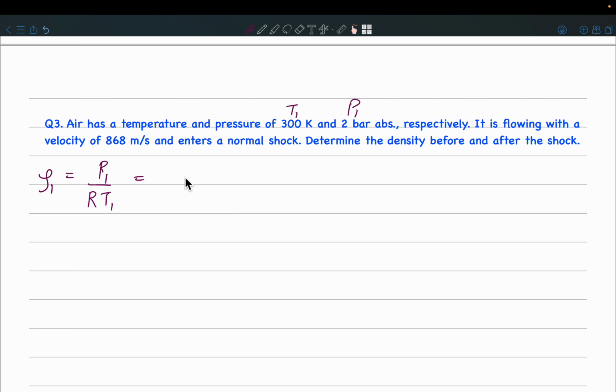You can tell me the value of Rho1. Yeah, 2.32 kg per meter cube. That's fine. Okay, and now what do we do?